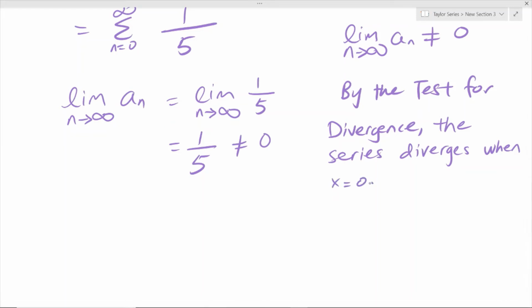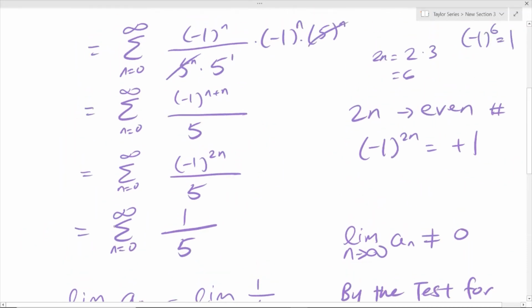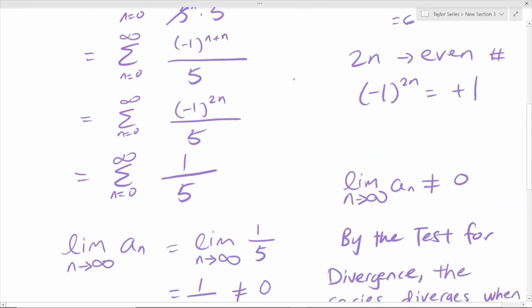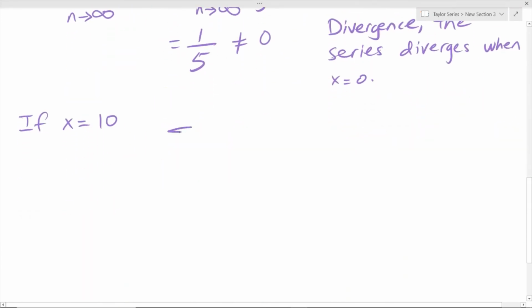Now to check the next endpoint, which is if x equals 10. So if x equals 10, well, we're going to plug in x equals 10 into that series. So our original series, we're just going to plug it in to this series right here when x equals 10. So we're going to plug in 10 right here. So from that we will get the following.